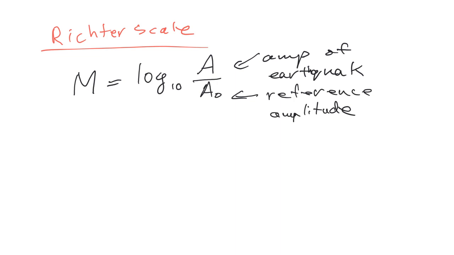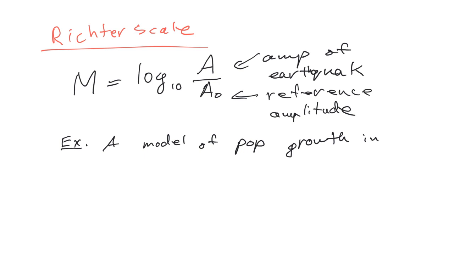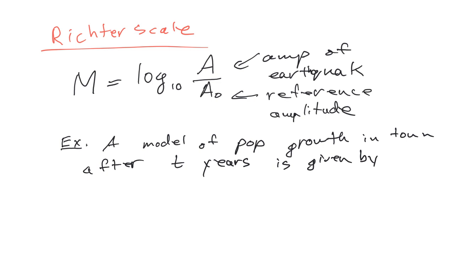All right, so let me give you an example of how this works, for each model that we're using. For example, a model of population growth in a town after t years is given by this: P of t is equal to P0 e to the kt.